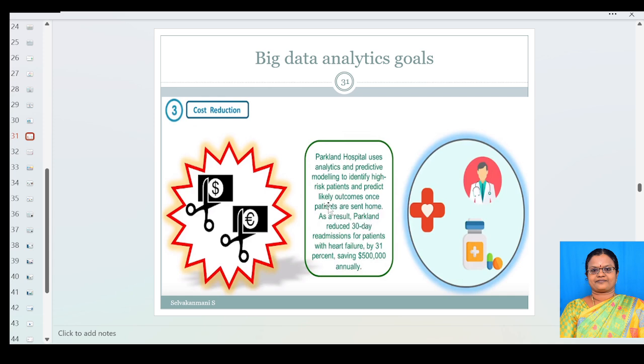And they also predicted the likely outcomes once the patients are sent home. These are the patients who are very high risk, so instead of keeping them at the hospital, they started sending them home, thereby reducing the hospital charges. So this pattern has been identified using big data analytics.